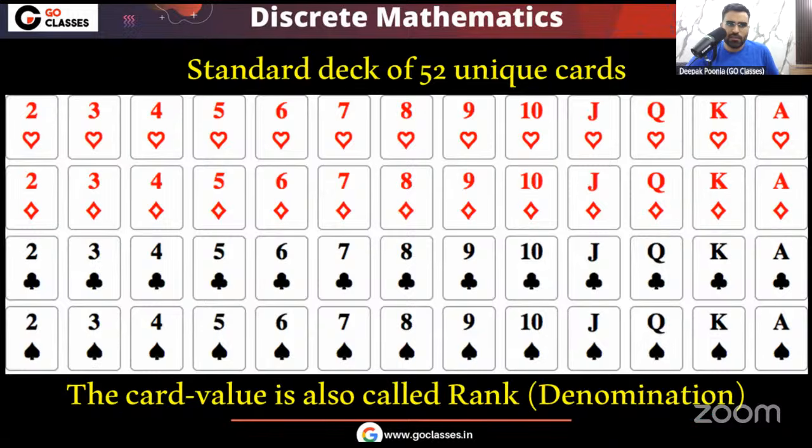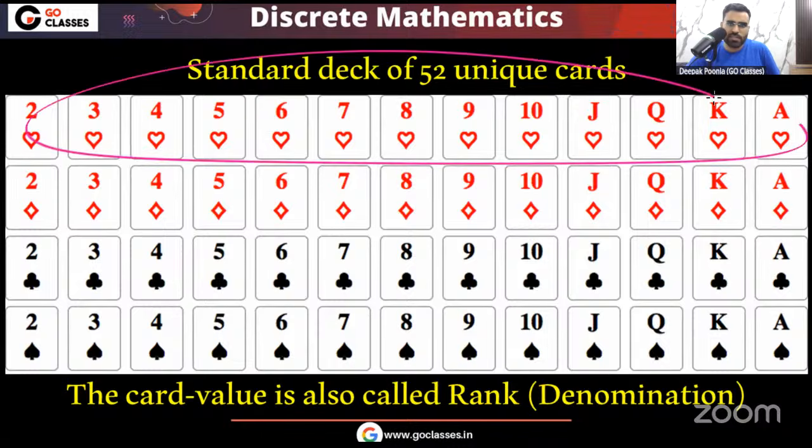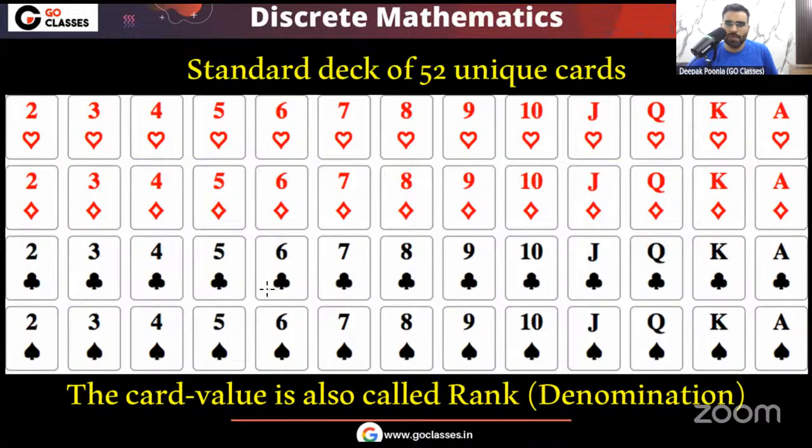So I can say that for every suit there are 13 values, or 13 ranks, or 13 denominations. I hope you understood. Let me tell you, these values have an order. By default, this is the order of the values. Ace is considered the highest rank, highest value, or highest denomination.